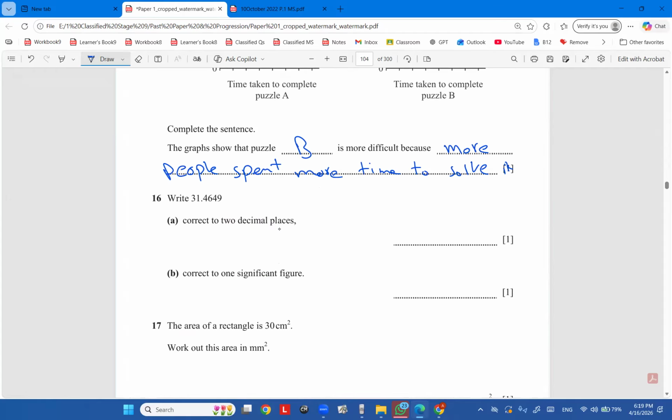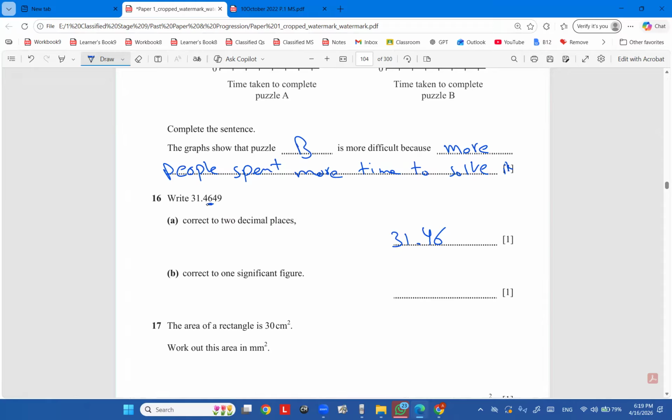Round this corrected to 2 decimal places, so I'm going to underline the 6, and I'm going to look at the digit after it, which is 4. 4 is weak, so the 6 stays as it is. Everything before it stays the same, while everything after it gets removed because they are decimal places.